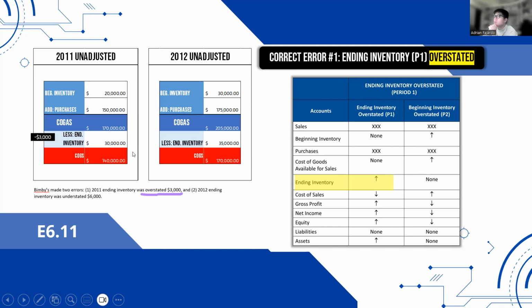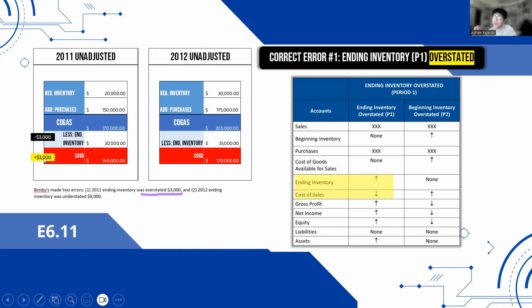Our cost of goods sold will now be understated. The 140,000 is understated, so to correct an understatement, we have to add back the 3,000. Again, this 30,000 is overstated by 3,000, so we correct it by subtracting 3,000. Because the ending inventory is overstated, COGS is understated by 3,000. So to correct the understated COGS of 3,000, we have to add back 3,000.